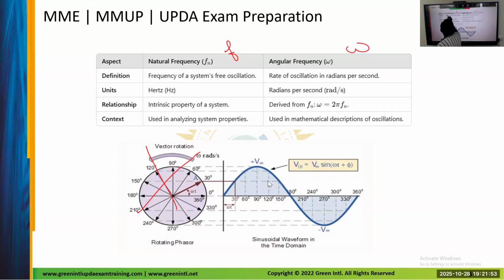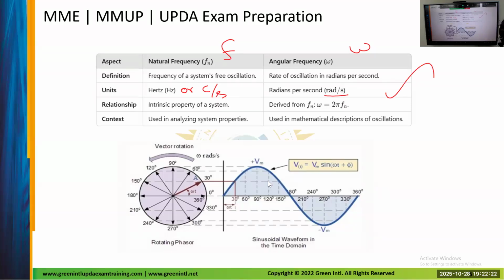Natural frequency is denoted by cycles per second. Angular frequency is denoted by radian per second. So natural frequency f is hertz or cycles per second, angular frequency omega is radian per second.